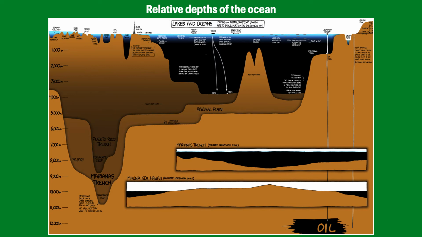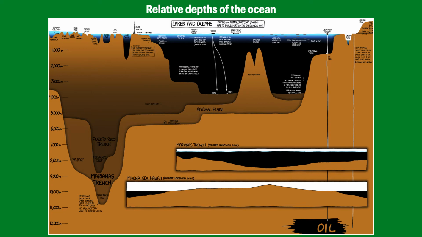And most of the oceans are much deeper than the vertical portion of land above sea level. The one thing I like about this cartoon looking at the depths of the ocean is that we tend to think about trenches as being these narrow canyon-like things.